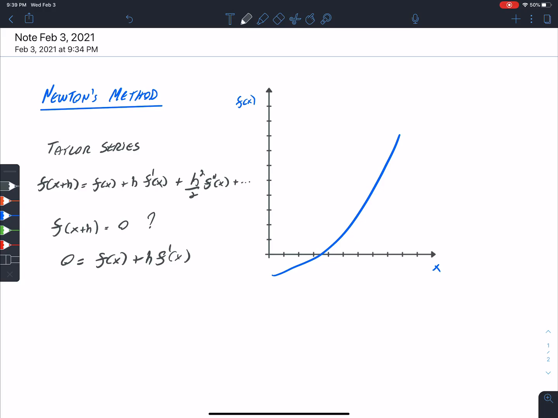And again, remember that we assume that we're in possession of the value of f of x and the value of f prime of x. What we don't know is the value of h that will make this right-hand side equal to the left-hand side, which we set to 0. Because we set this to 0, and this is a linear function of h, we can simply solve for h now.